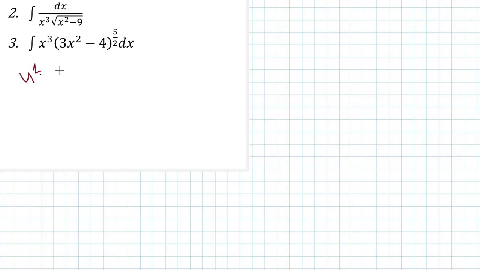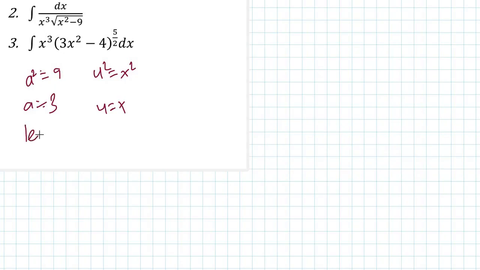We have a squared is equal to 9, so therefore a is equal to 3. And then based on this, u squared is equal to x squared, so u is equal to x.